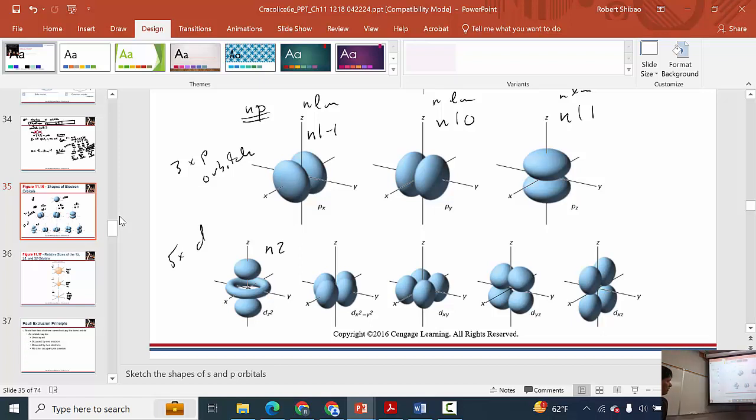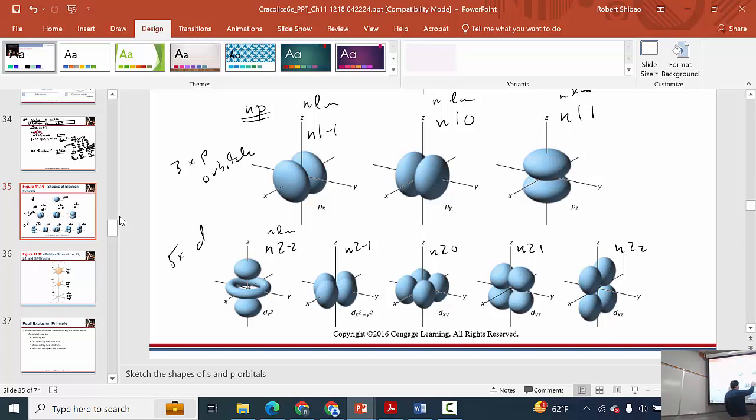Therefore, I can have a -2. This is n, l, m. I could have an n,2,-1. I could have an n,2,0. I can have an n,2,1 and an n,2,2. And so I have 5 different values of m. Each value of m corresponds to a different orientation.